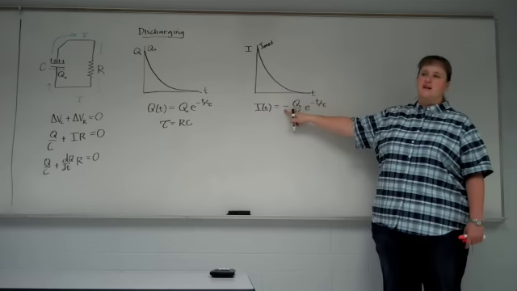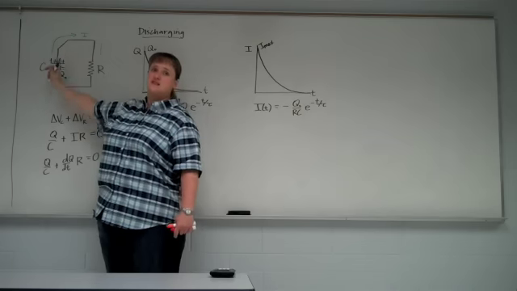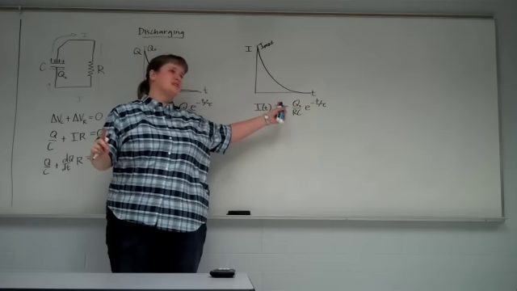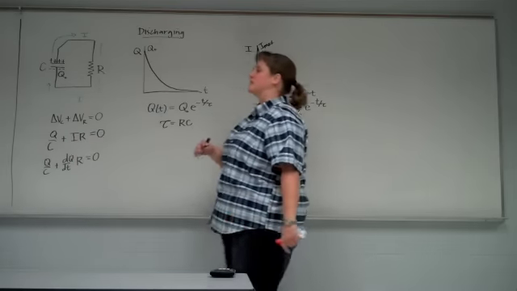What meaning do you think that has? It's just going the opposite way. Right. When this capacitor was being charged, when it was connected to the battery, current was flowing this way through that branch. Now that it's discharging, the current's just flowing the other way. That's all that negative sign means. So we tend to leave the negative sign off when we're solving problems mathematically. We look at just the magnitude.